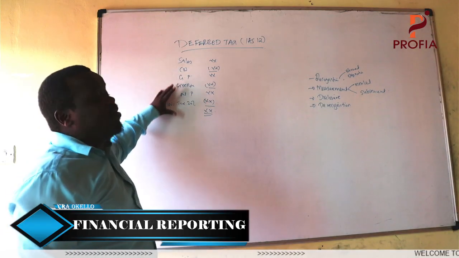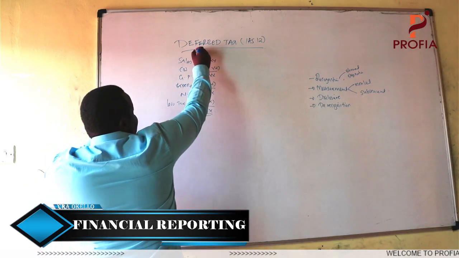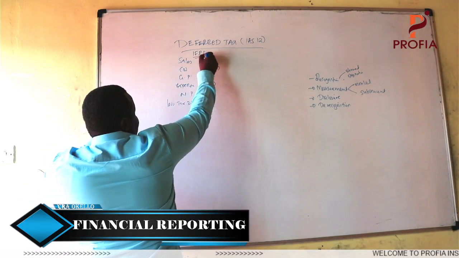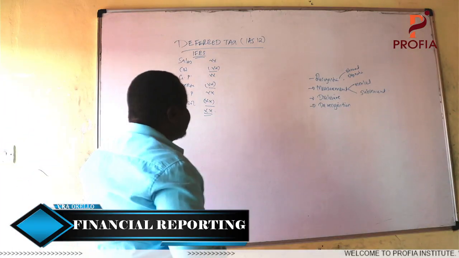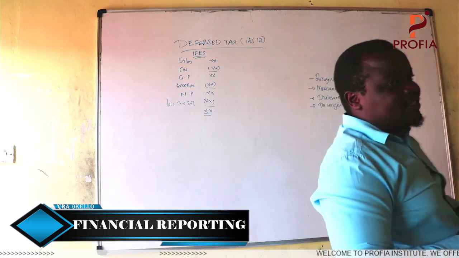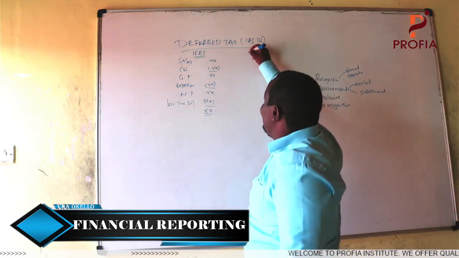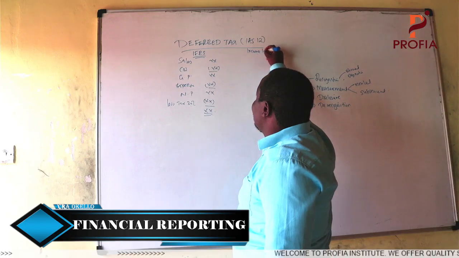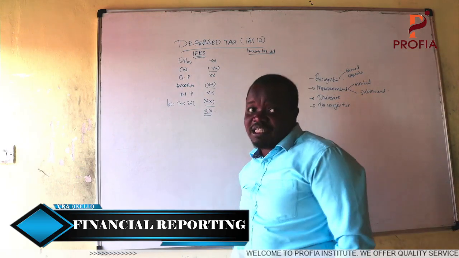Now, when we are doing all this, we are using international financial reporting standards, or rather the accounting standards that are provided to us there. But when you want to pay taxes, KRA is going to give you some standards, and those standards, we can call them income tax act or whatever, depending on the country that you are in.